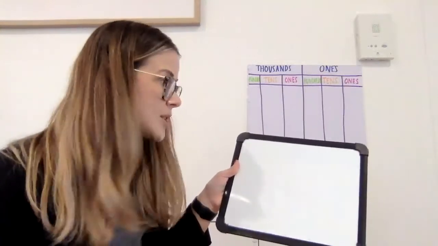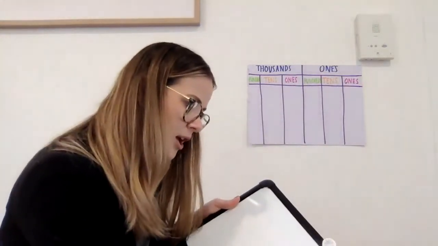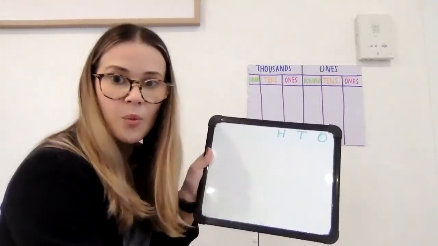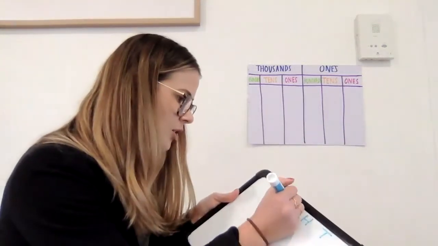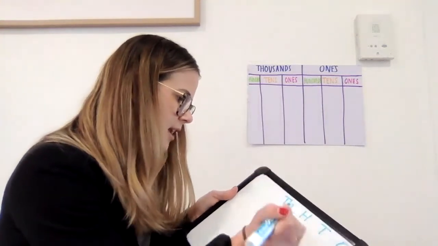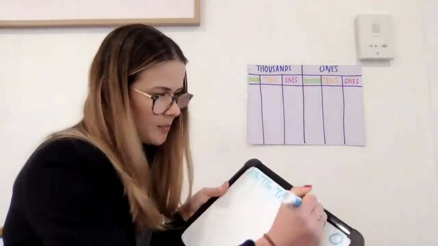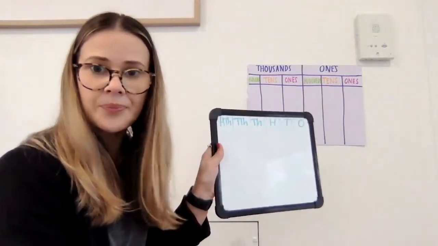So you can do this in your notebook. You might create a table on Google Documents. Again, you might find some concrete items around the house and help create it that way. You might have a whiteboard like we use in class, and you might use a whiteboard marker to break that up into our ones, tens, hundreds, and then you go into your thousands, your 10,000s, and then your 100,000s, and break it up like that.